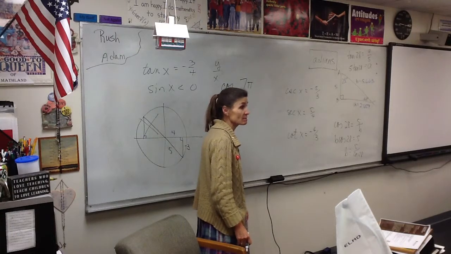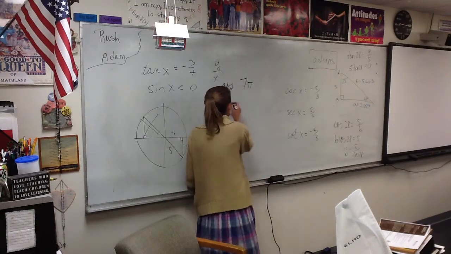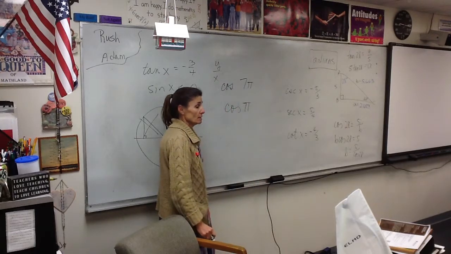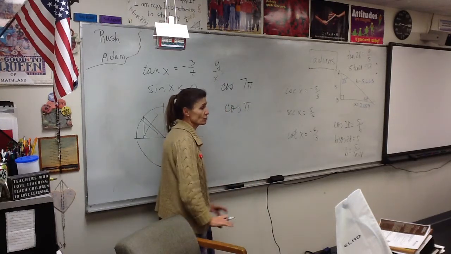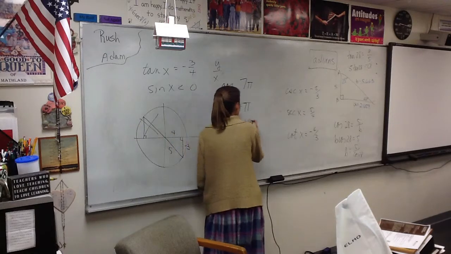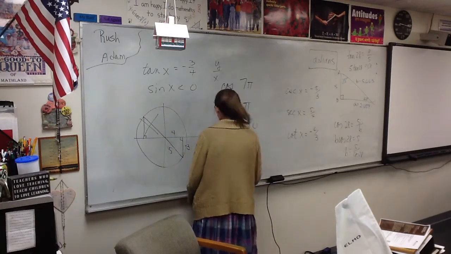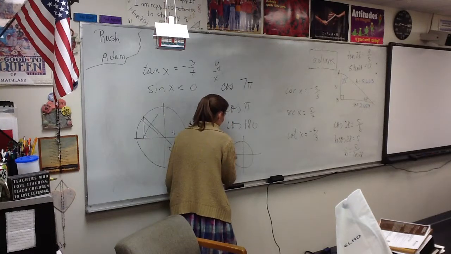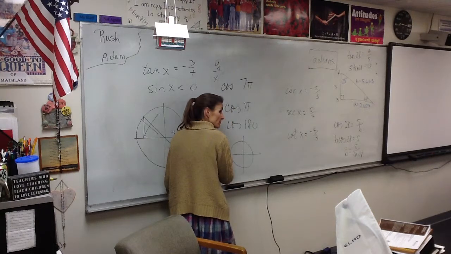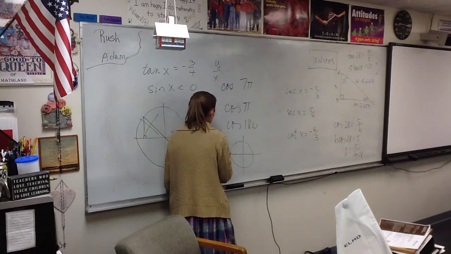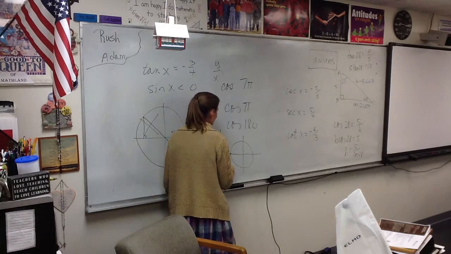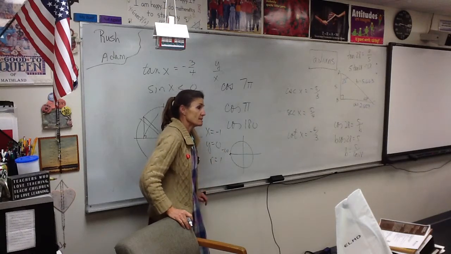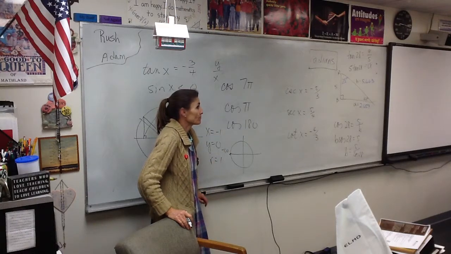I can take out 6 pi. That's 3 revolutions. So really, I'm going to be finding the cosine of pi, because I'm going to take out all those extra revolutions. That's the cosine of 180. Well, we had 180 up here earlier. This is 180 right here. So if I know x is -1, y is 0, and r is 1, I can find cosine, tangent, all those things. Does that make sense to you? Okay.